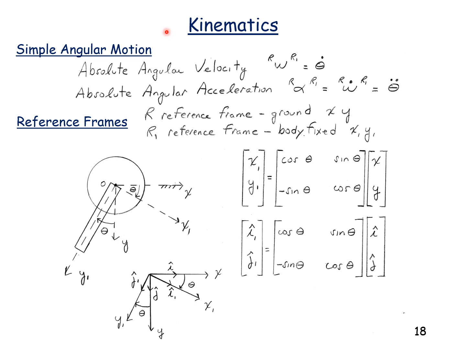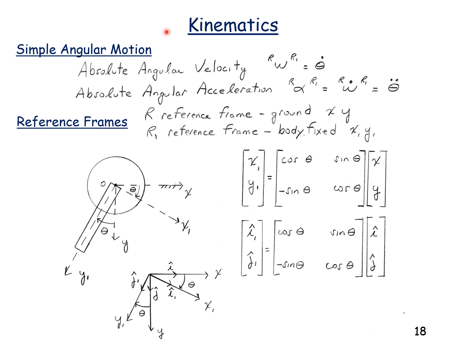Simple angular motion is described by an angle. Simple angular velocity is described by the time derivative of that angle. Simple angular acceleration is defined by the second derivative of that angle.